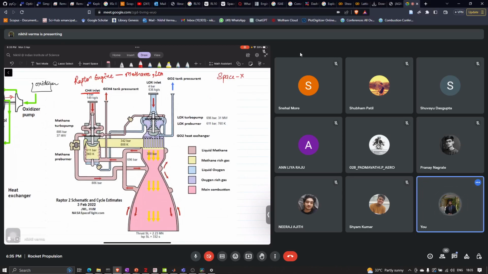We have two inlets, one for methane and one for liquid oxygen. As you can see, the tank pressure is something like 4 bar, and the mass flow rate is given as 149 kg per second. The oxidizer mass flow rate is also given. Can you calculate the overall mixture ratio for this engine based on these values?